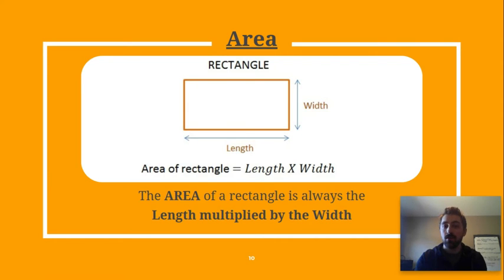On the other hand, area. When we're looking at area, it's the total square footage that would cover the inside of that shape. For grade 6, we're simply looking at the area of a rectangle, so length times width.